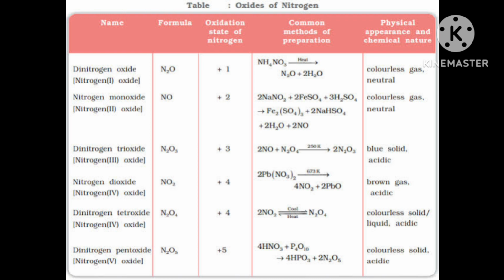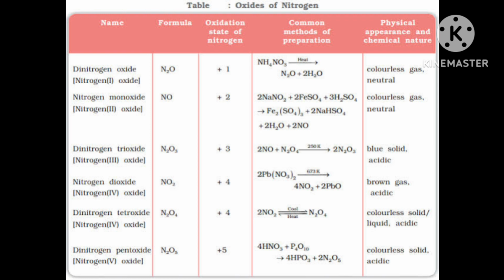Its dimer is P4O10. To get dinitrogen pentaoxide, you require P4O10, the dimer of P2O5, phosphorus pentaoxide.